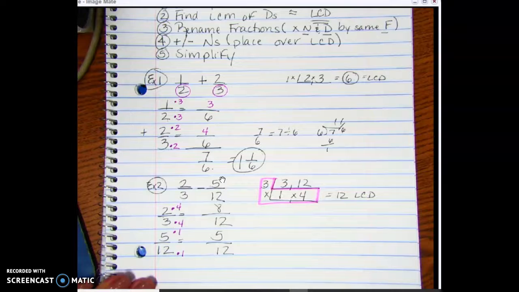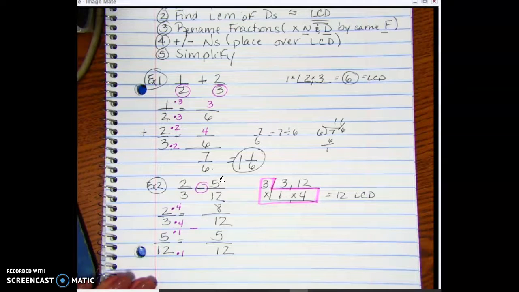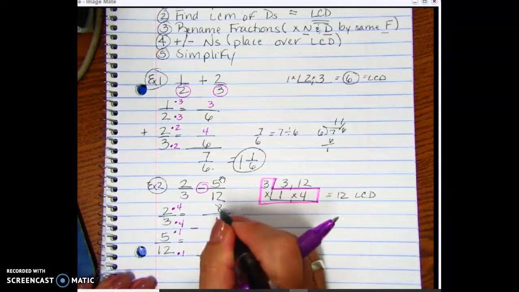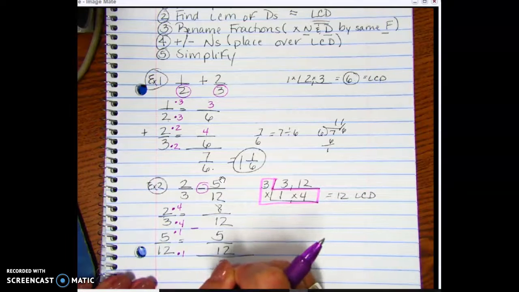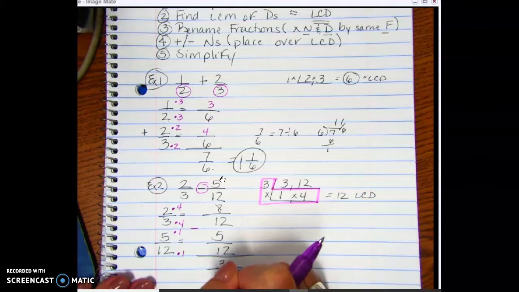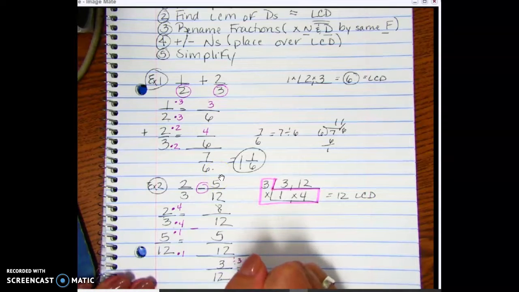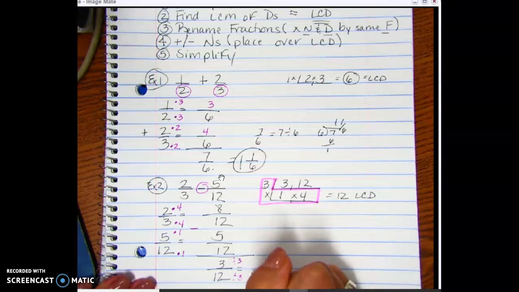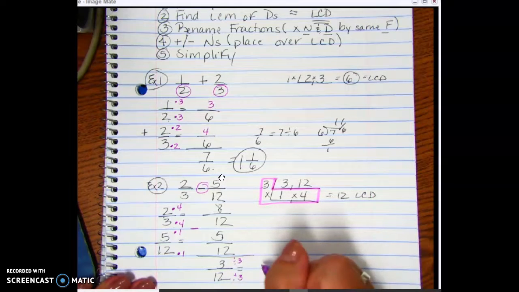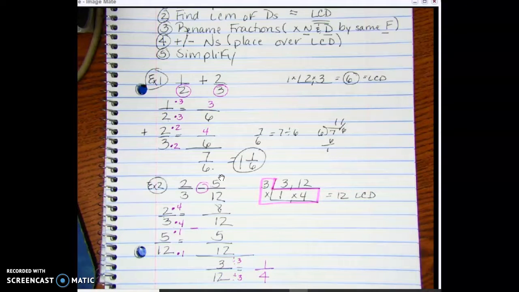Now, I pay close attention to what my operation is, and I say 8 minus 5 is 3, and I keep my least common denominator of 12. Now I know that 3 and 12 share the factor 3, so I divide to simplify. That's the greatest common factor, and I end up with 1/4. And that's how we do that.